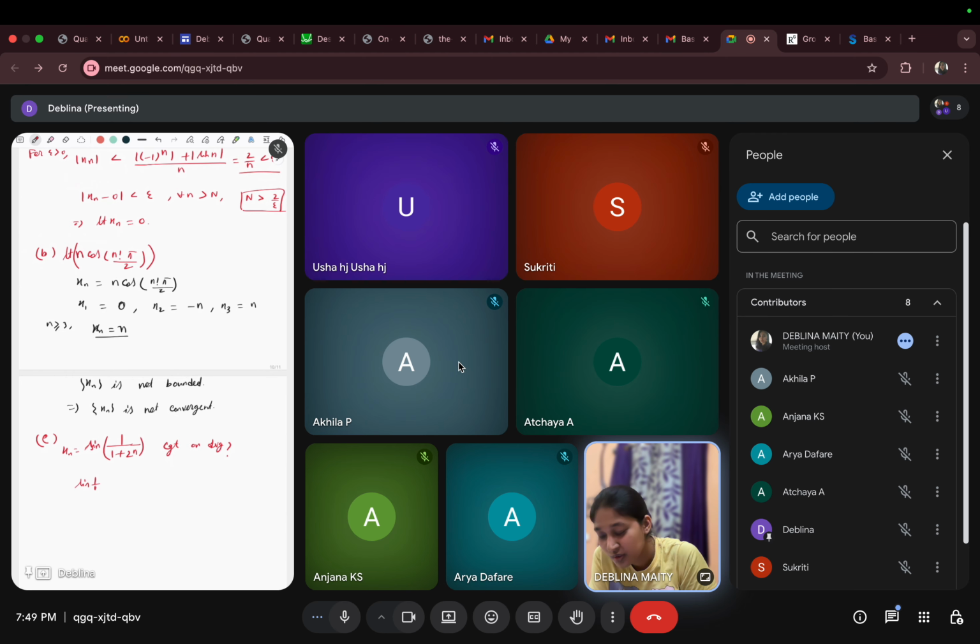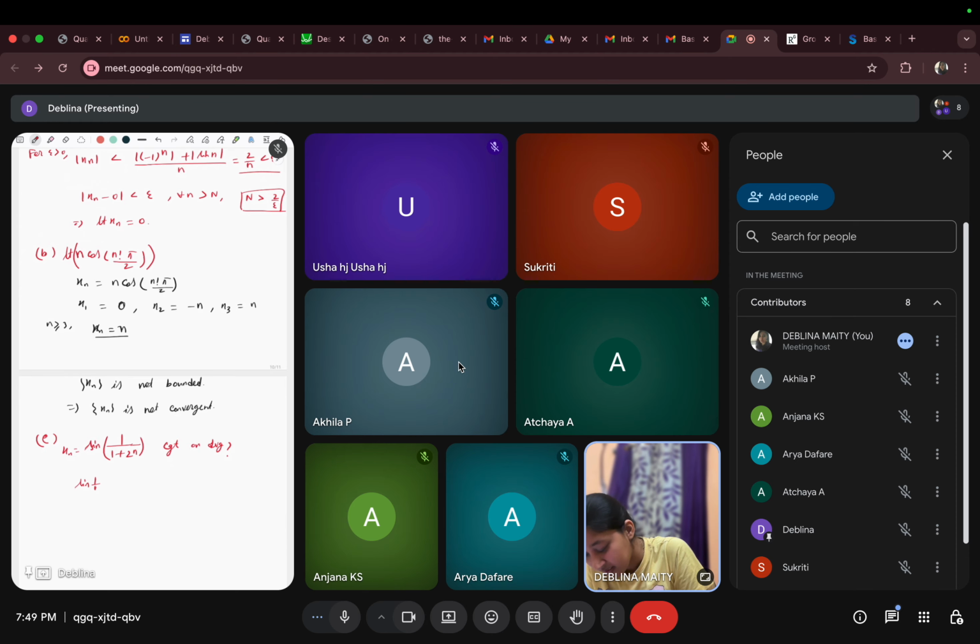If n goes to infinity, this term, 1 by 1 plus 2 to the power n, is going to be 0. So this is going to converge to sine 0, which is 0. So if it is convergent, then it is going to be 0. Right? And yes, this is convergent.